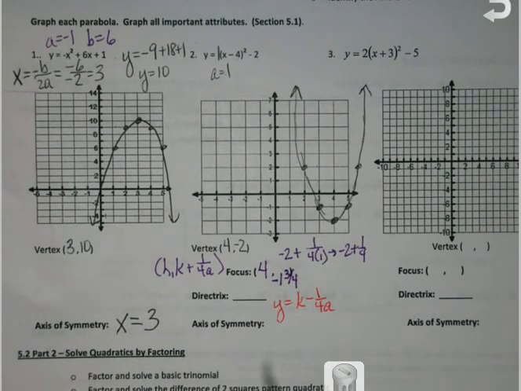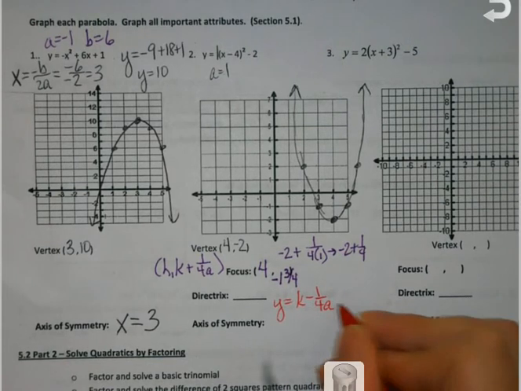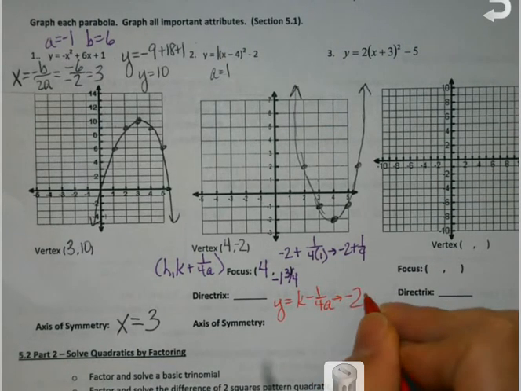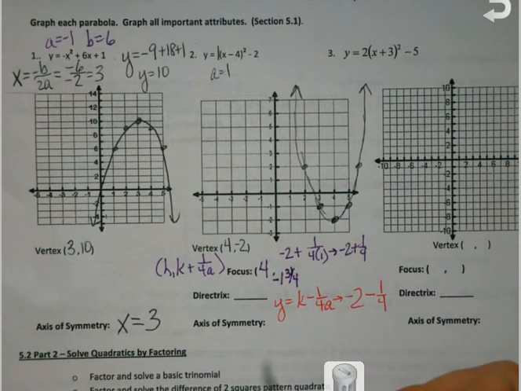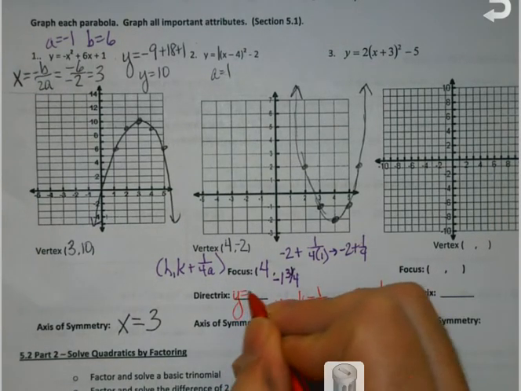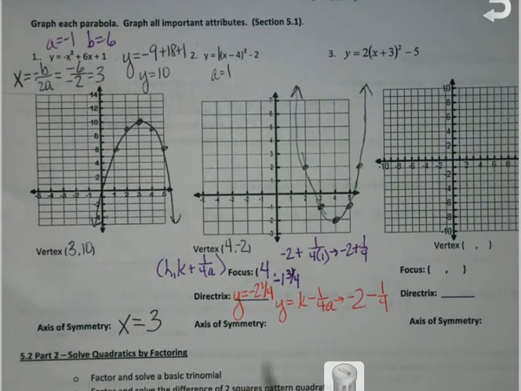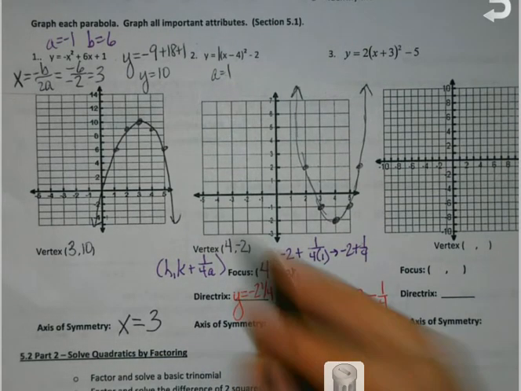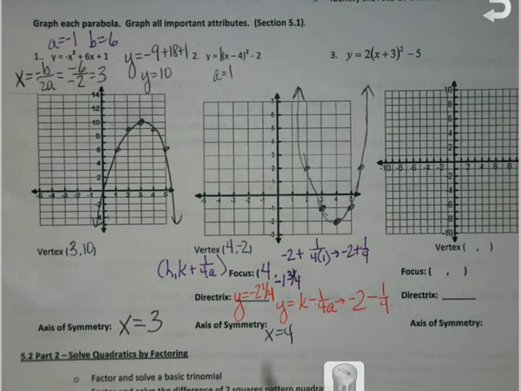Not time to go. Some of you wish it might be. So here, it's going to be negative 2 minus 1/4. Negative 2 minus 1/4 is negative 2 1/4, or negative 2.25. And then my axis of symmetry is still going to be at the x value of my vertex.